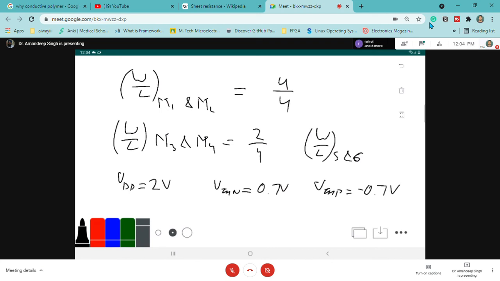And mu N C oxide will be 96 microampere per volt square, and mu P C oxide will be 48 microampere per volt square.